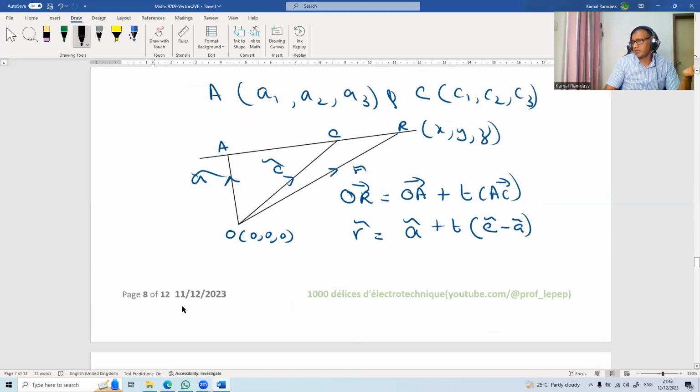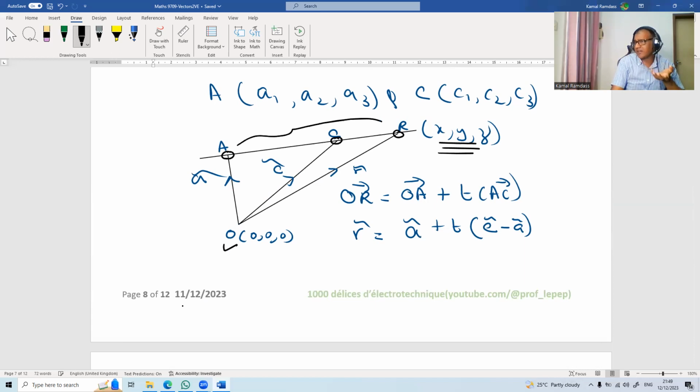OK? And if we draw the origin, this is A, this is C, and this is R. R is the general point X, Y, Z. OK? And we find that OR is equal to OA plus AR.